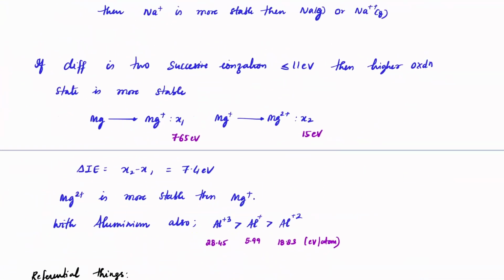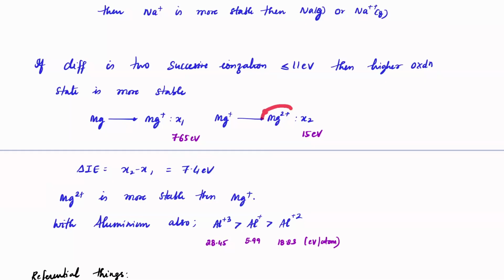Second, if the difference is less than 11 electron volts, the higher oxidation state is always going to be more stable. For example, magnesium will require 7.65 electron volts. Magnesium 2 plus requires 15, but the difference is not very high.